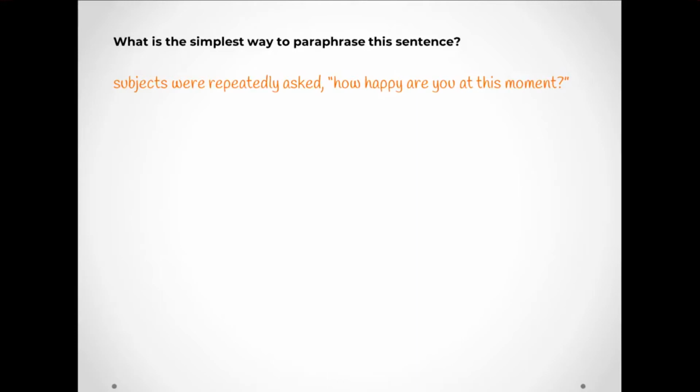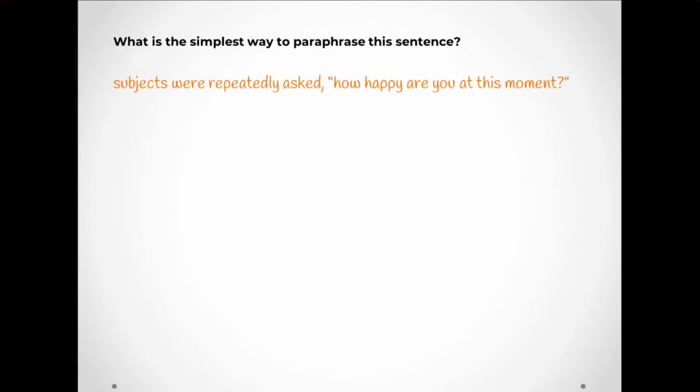So how can you complete it? Subjects were asked again, or question about happiness was asked again. Again and again, or time and again. Yes, that will be another good way to say it. Or if you want, you can just eliminate that part.